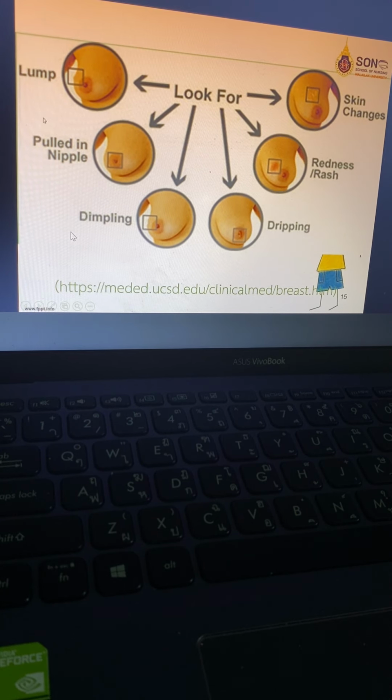This slide shows abnormal skin signs in the breast. The first is a lump, a raised mass. Next, the nipple pulled in, and dimpling. Dripping is discharge from the nipple, such as milk or blood.